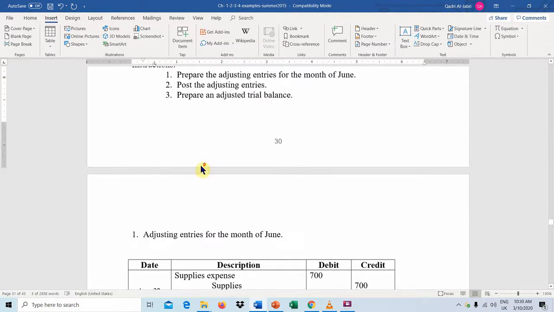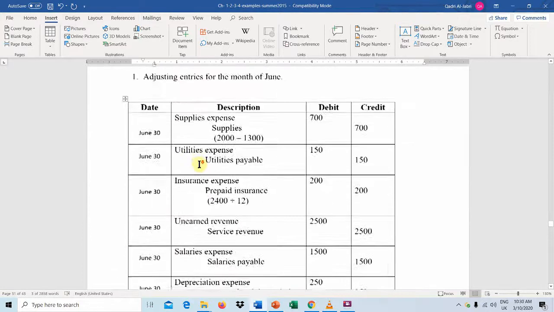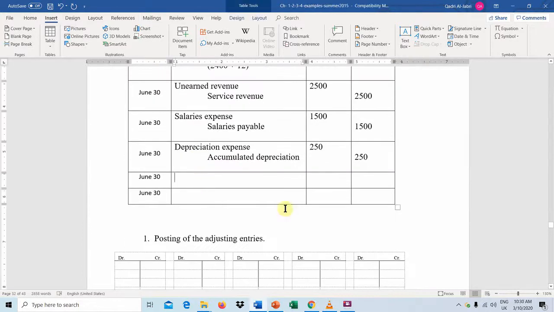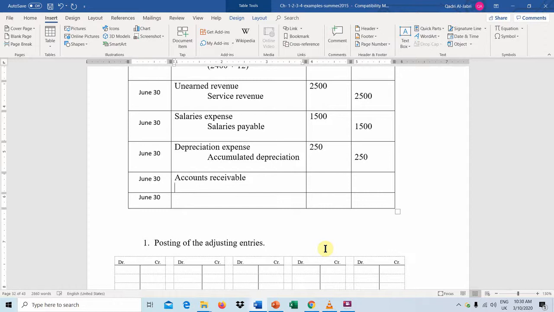This is services performed but not recorded yet. So in this case, we will debit accounts receivable because we did not receive cash for this services provided, and we will credit service revenue for the amount of services that we provided.